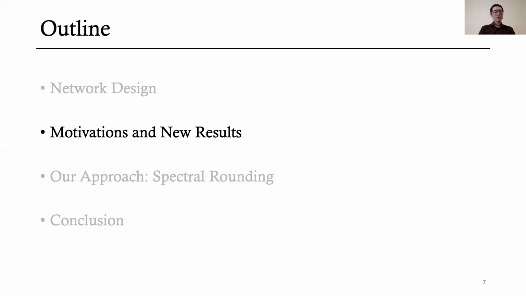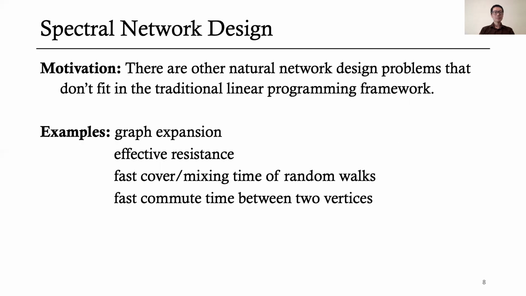Then let's move on to consider the motivations for introducing the spectral approach and our new results. There are many other natural network design requirements that don't fit into the traditional linear programming framework.